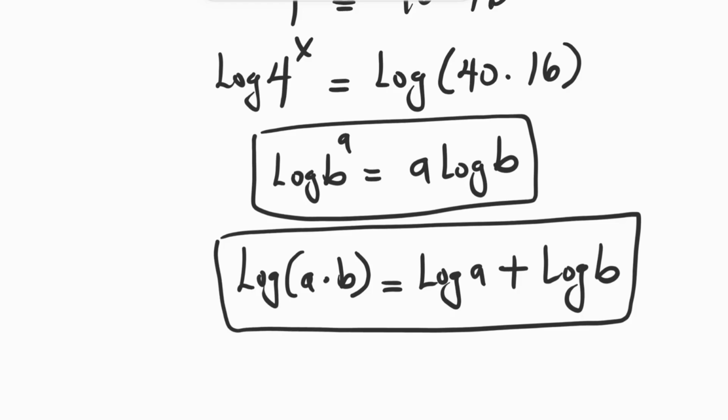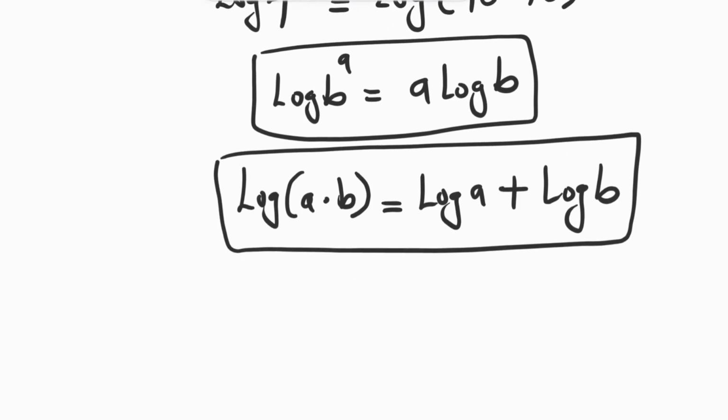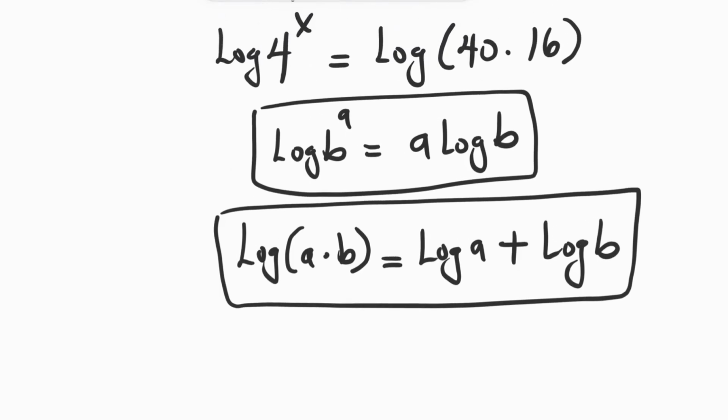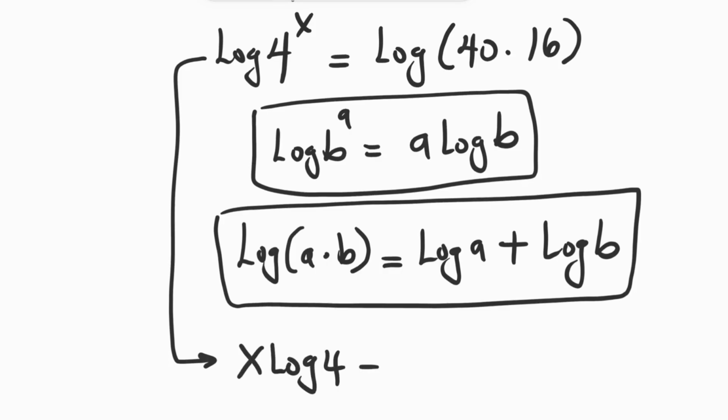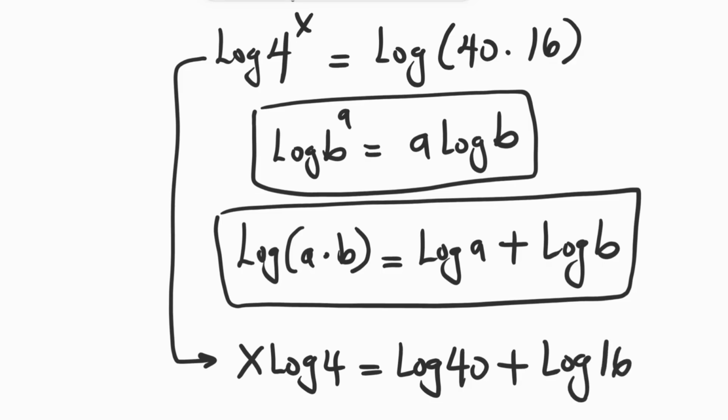These two rules we're going to apply to our equation. And so our equation now becomes x log 4 equals log 40 plus log 16.